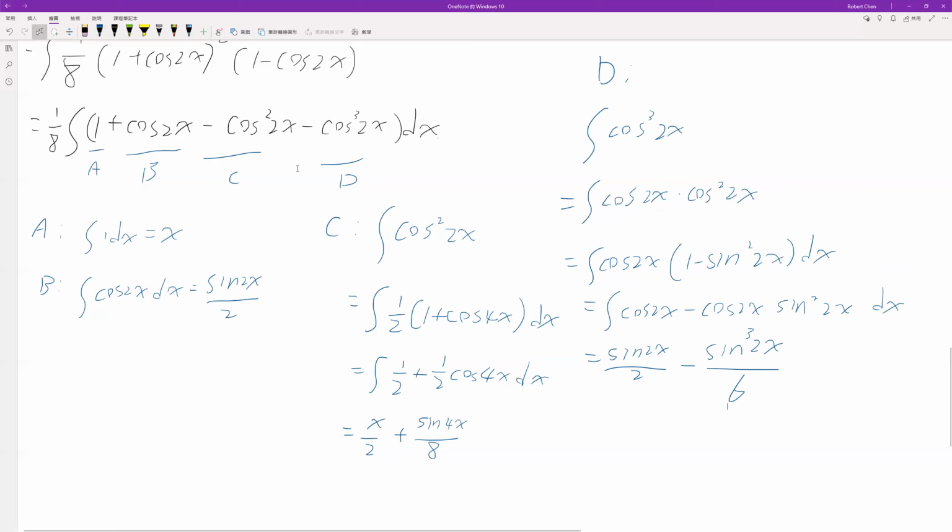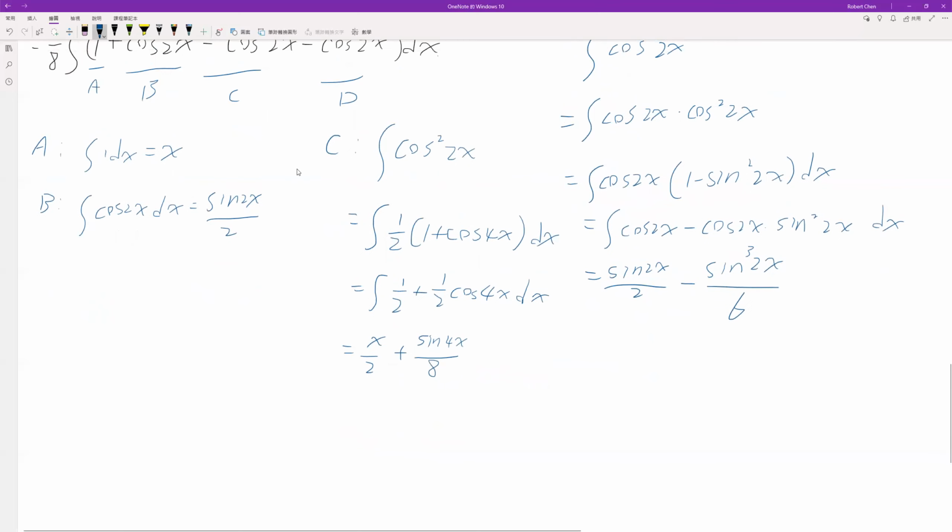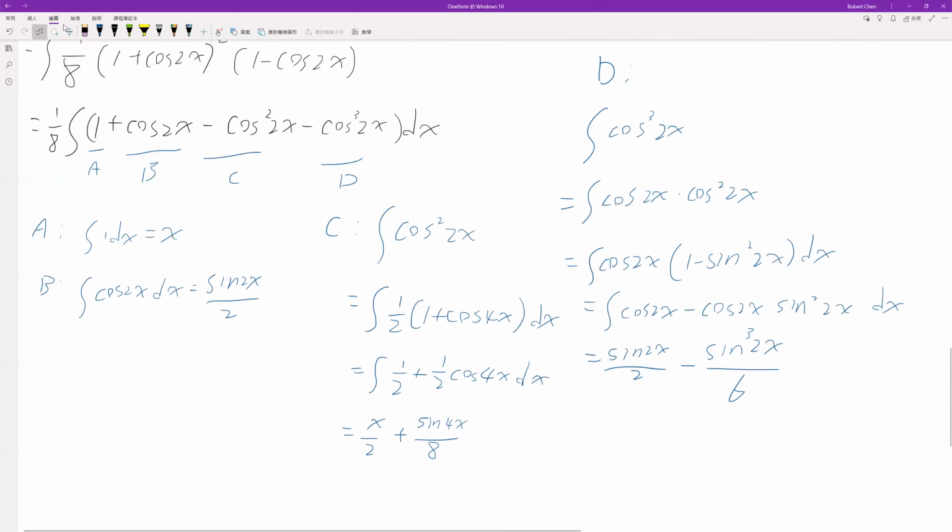Okay, all right. So let me do a little transition here. So let's call this star.